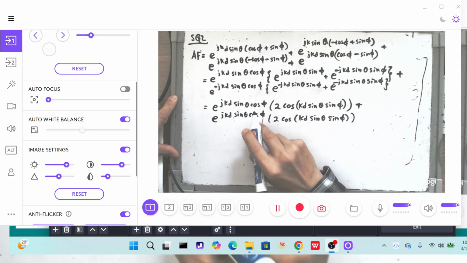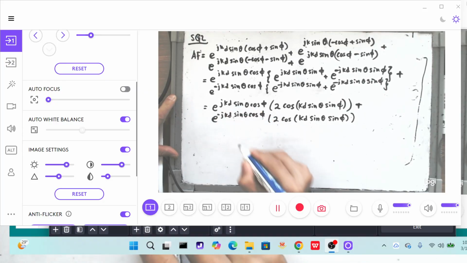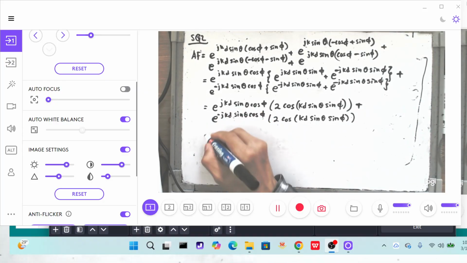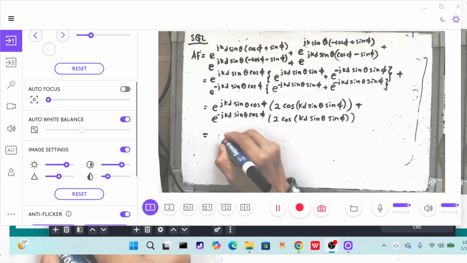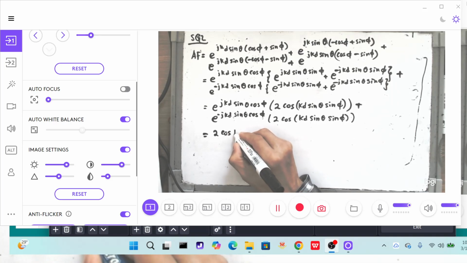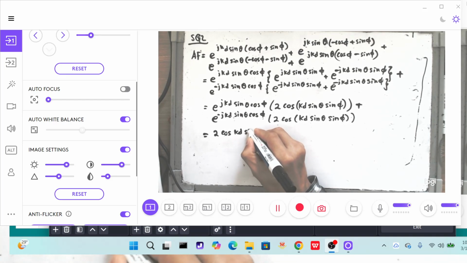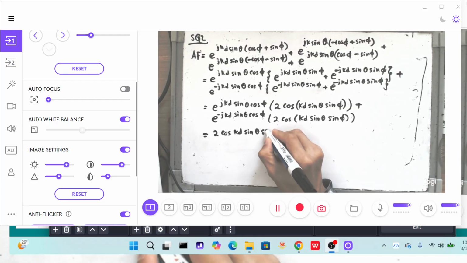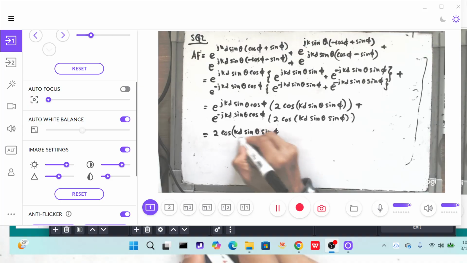Also, there's a minus here. So we will extract it. So 2 cosine K D sine theta sine phi.